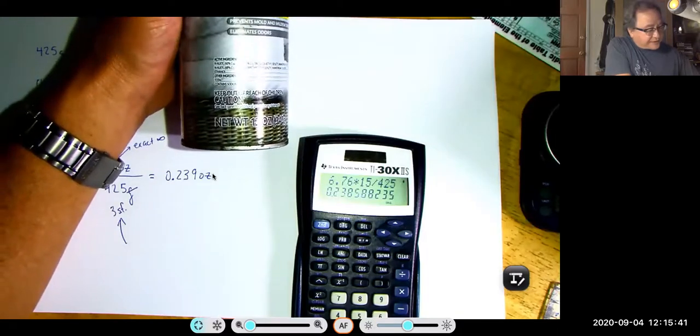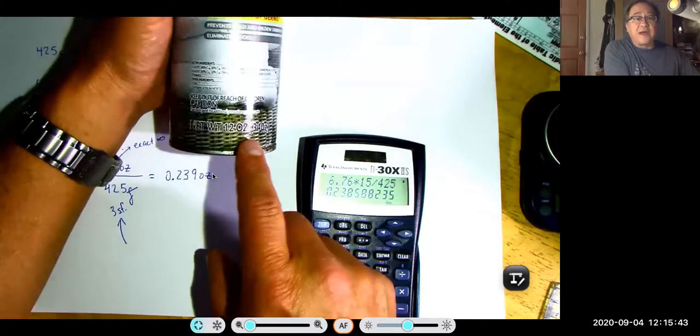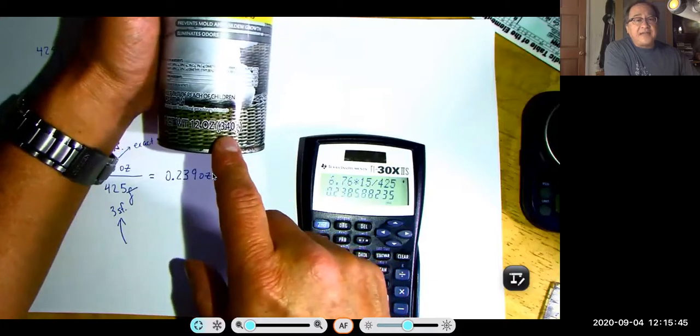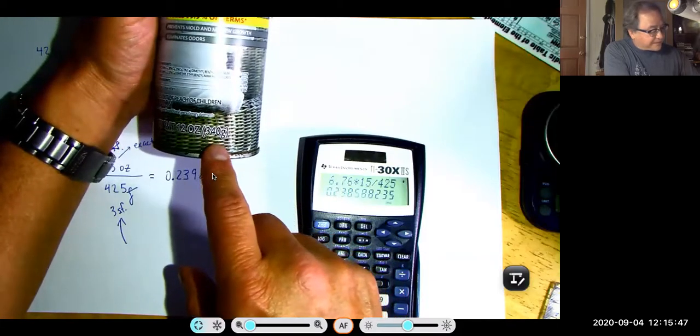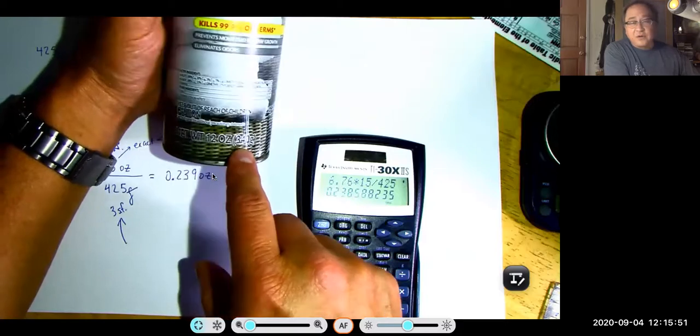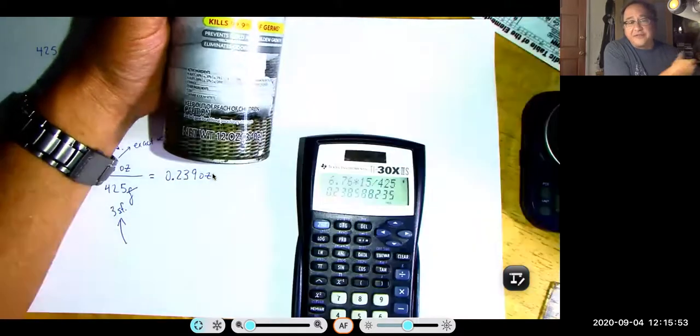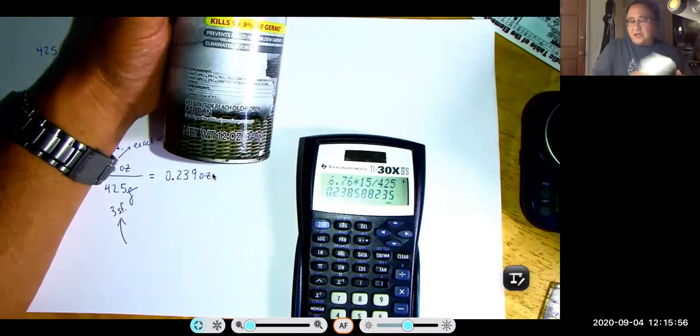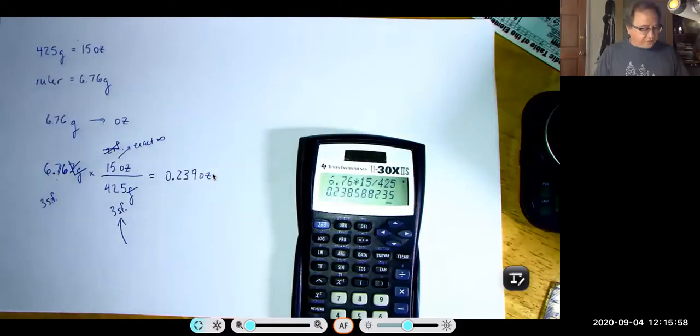We have 12 ounces and we have 340 grams. Now, in this case, the 340 doesn't really have a decimal there, so we assume that's 2 sig figs, and the 12 would then be 2 sig figs or infinity. It doesn't matter. Okay, so you're supposed to find out that we are surrounded by conversion factors.